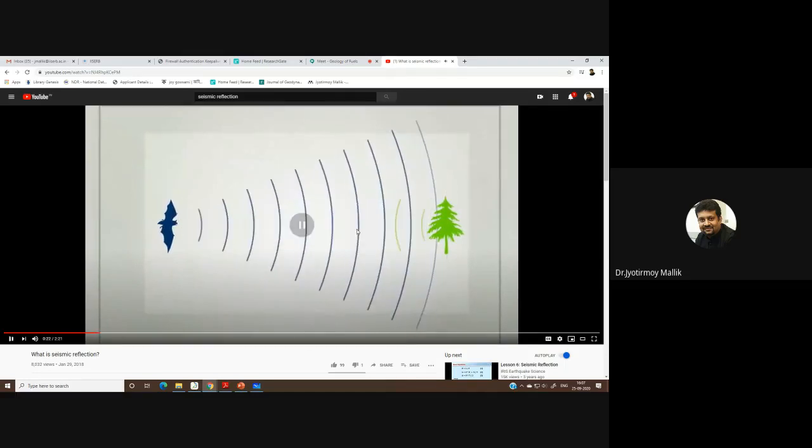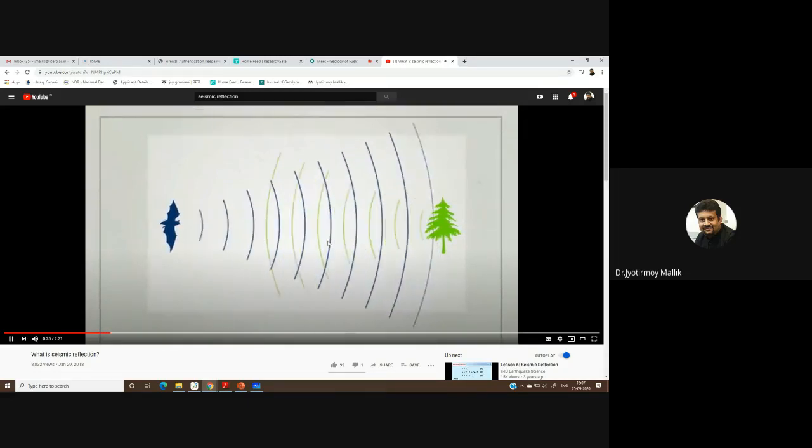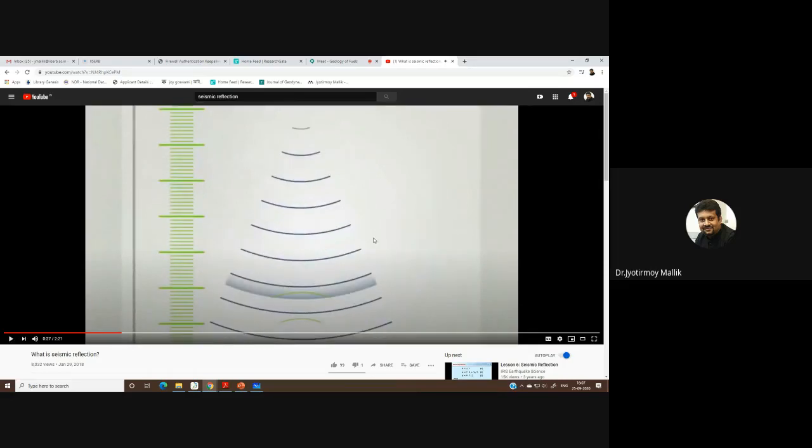Similarly, for example, this technique is used by bats whose eyesight is not very strong. So what they do, they essentially send acoustic signals, and those signals come back, and they can identify an object which could stop their way.